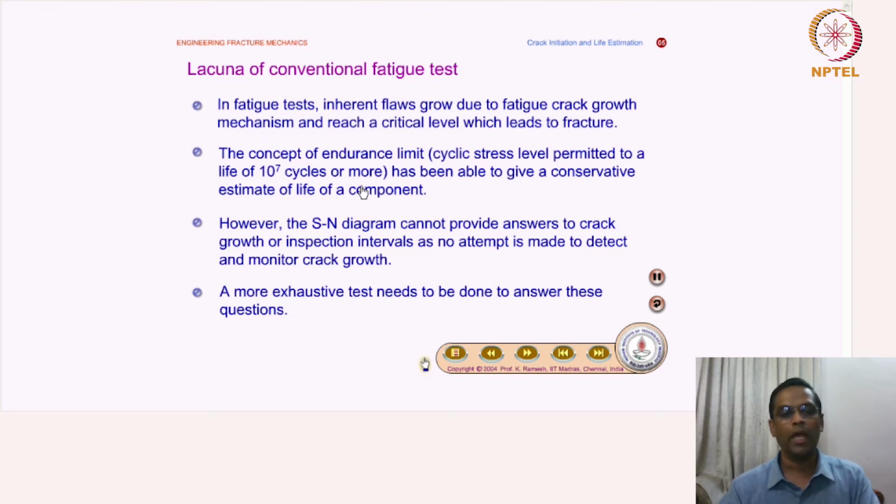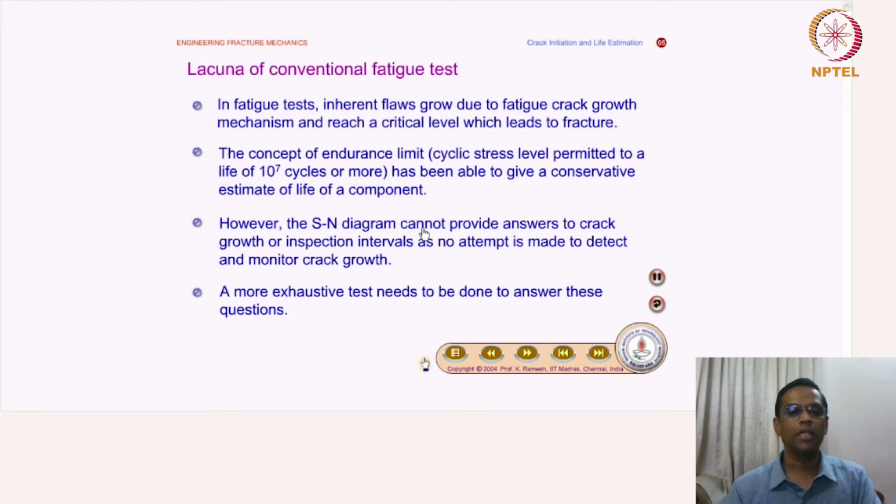So any component subjected to cyclic stress which can endure this many cycles, that is a benchmark so far. But modern design does not take this value; it is a much more stringent value. Still, this was one stage considered as the endurance limit life.